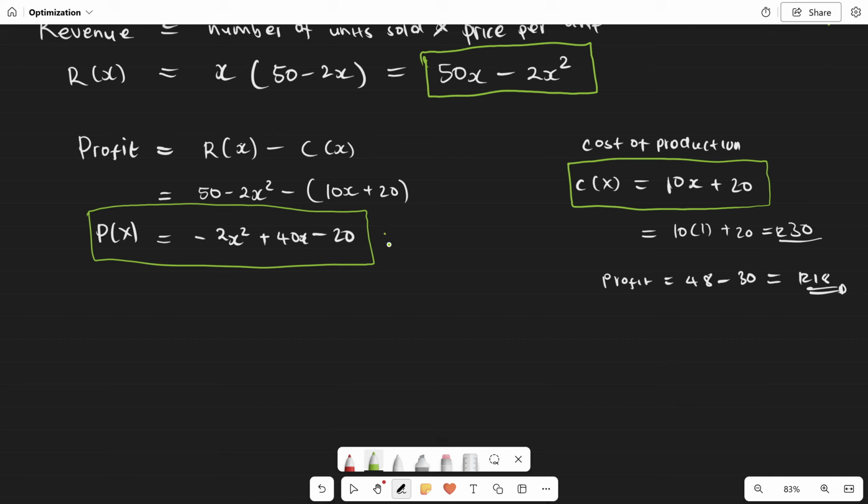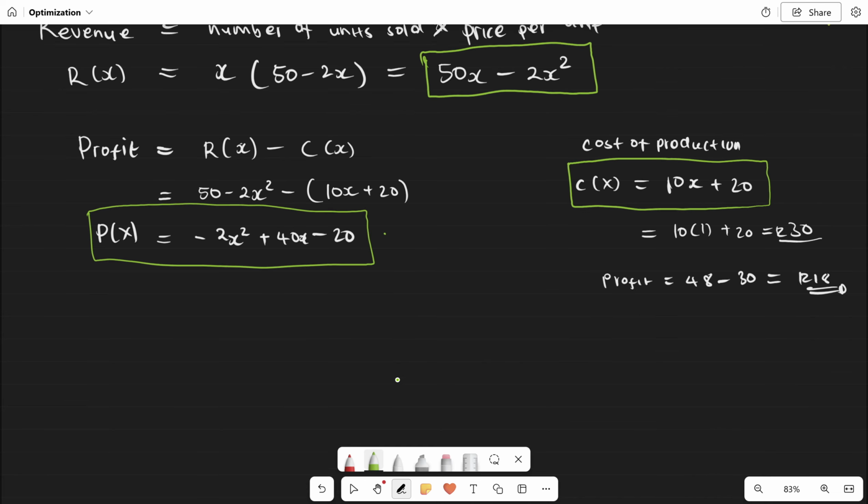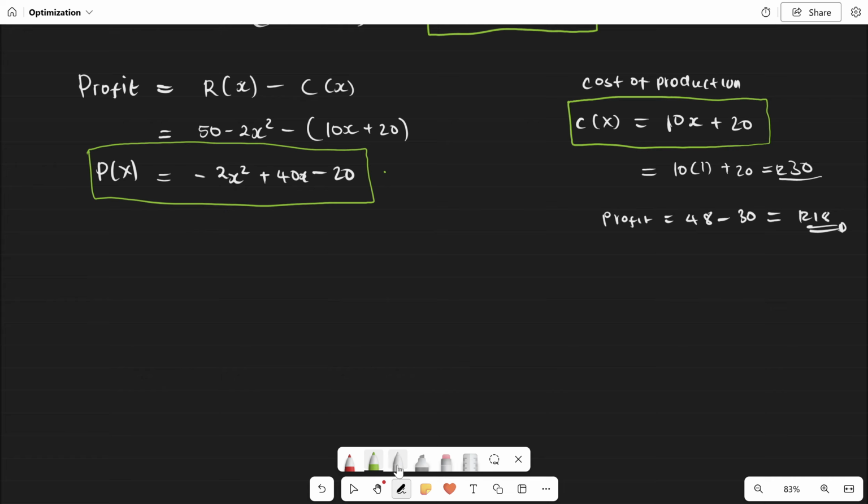So if we are given this function and they say find the maximum profit that the company can make, before we find the maximum profit, we need to find x, the number of units that they need to sell in order to make maximum profit. To do that, we use a technique which is differentiation.